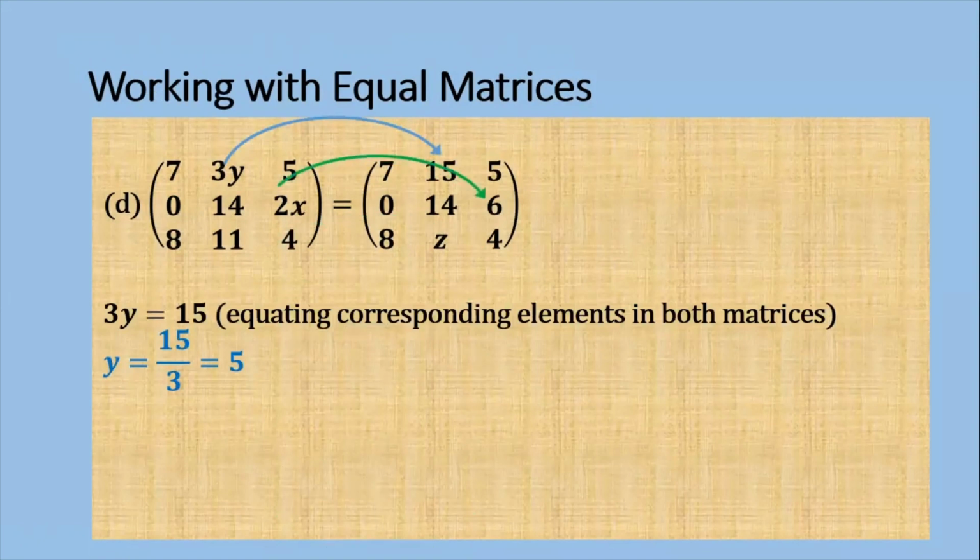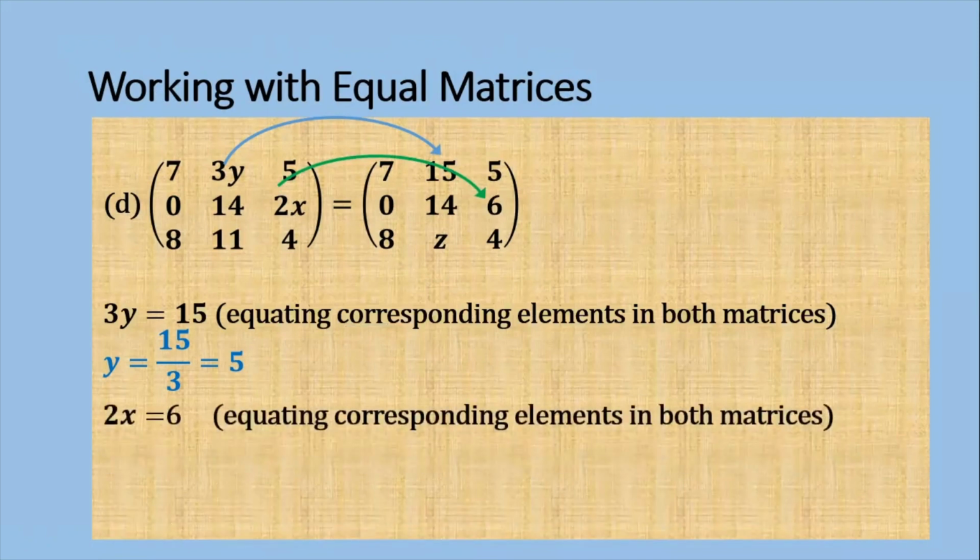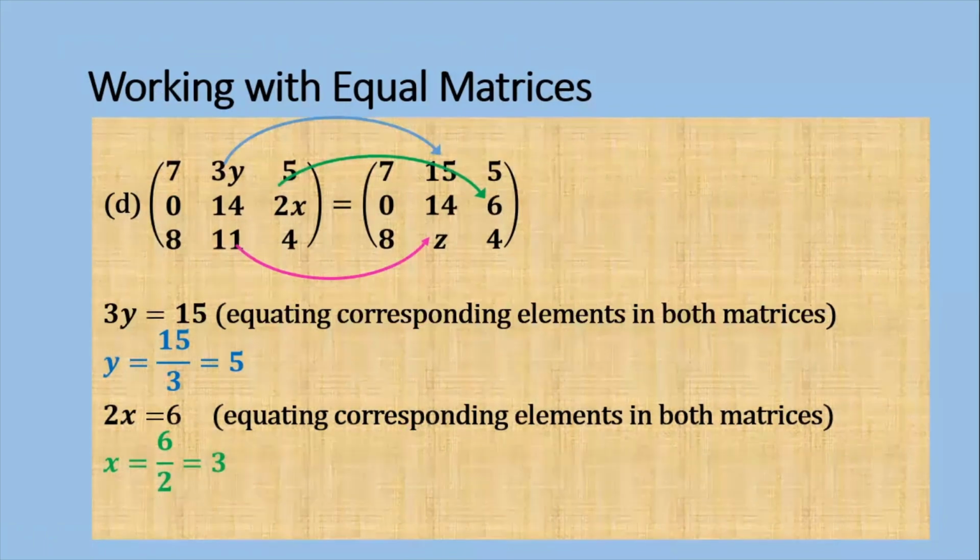Let's take the second one. 2x will be equal to 6. What is that? Always equating corresponding elements in both matrices. Now, if 2x equal to 6, x will be equal to 6 divided by 2, which is 3. The last one, this one is simple. Z will be equal to 11.